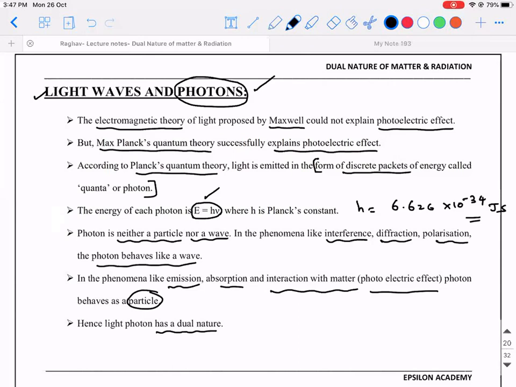Going forward, when we speak about photoelectric effect, we speak about light in the form of photons, where light is behaving like a particle. Are you guys clear with this? Yes, sir. Okay, it's a simple point.